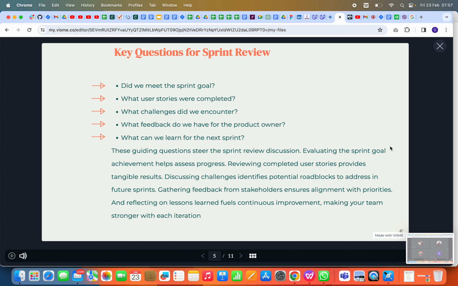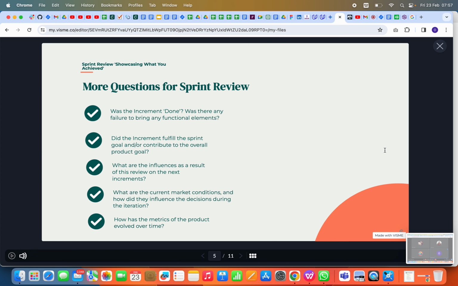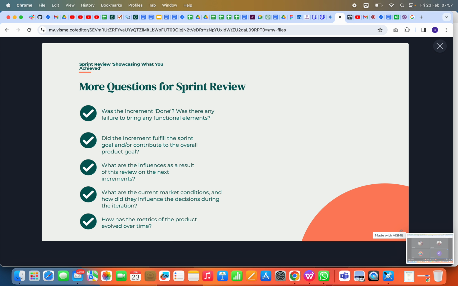Okay, so let's proceed. There are more questions we could ask during the sprint review. Was the increment done? So we have something we call definition of done in Scrum. There are some requirements that must be met before we can say, okay, this particular functionality is done.